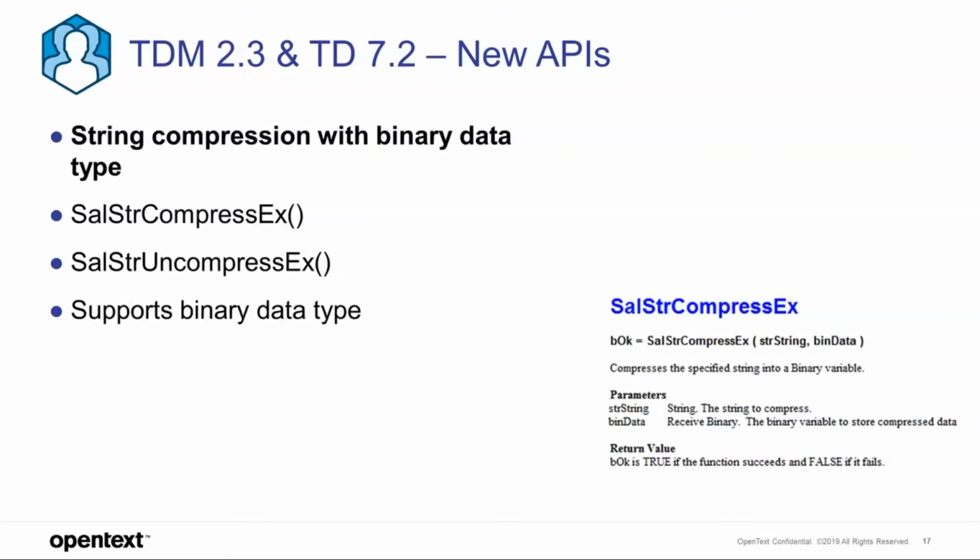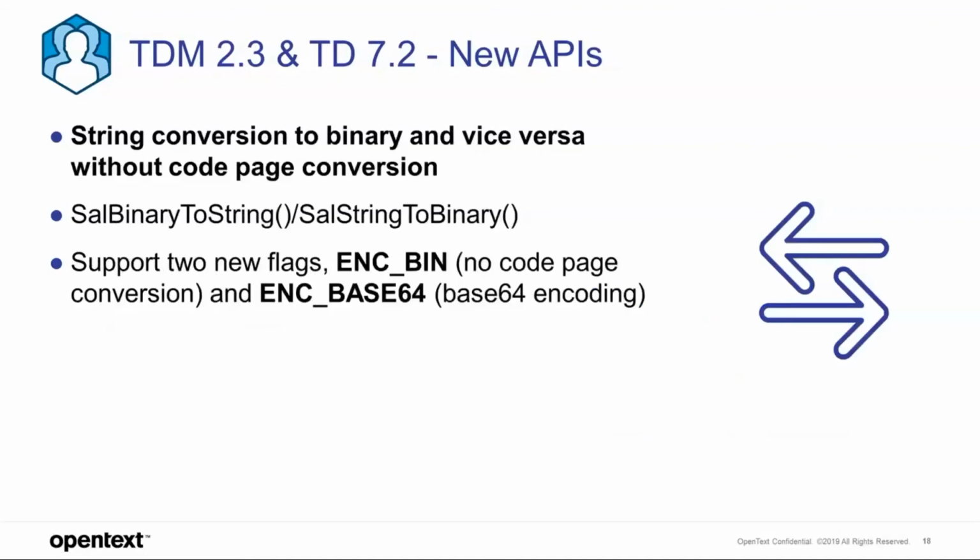Another new function in TD Mobile 2.3 and Team Developer 7.2 is style string compress X. So this is now available for string compression with the binary data type, which we didn't have before. And string conversion for style binary to string.